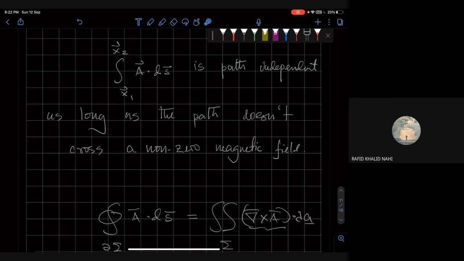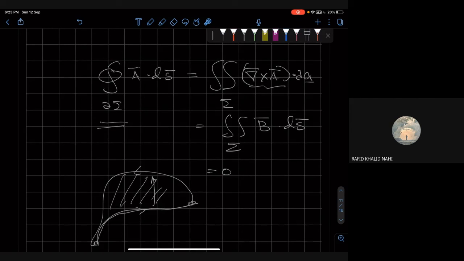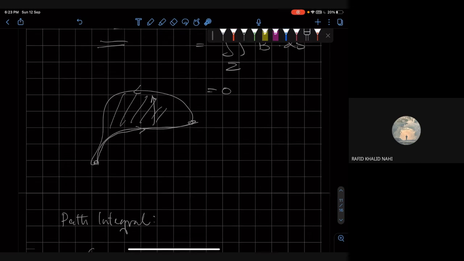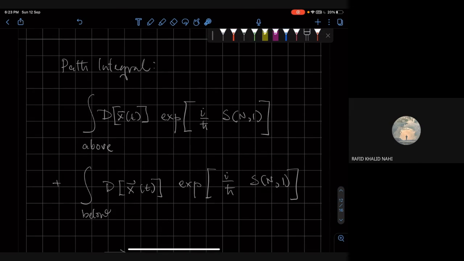So that's what I'm saying here, because if there is no magnetic field, this closed line integral is 0, and therefore we can divide it into 2 line integrals, and we can continuously deform one into the other. Now, in the path integral, there will be two types of contribution: contributions from the paths which go above the cylinder, and contributions from paths which go below the cylinder.